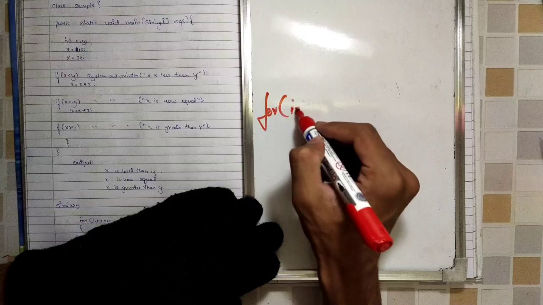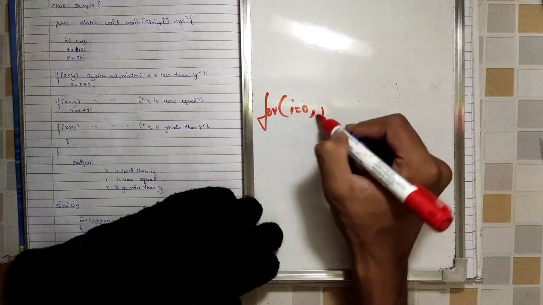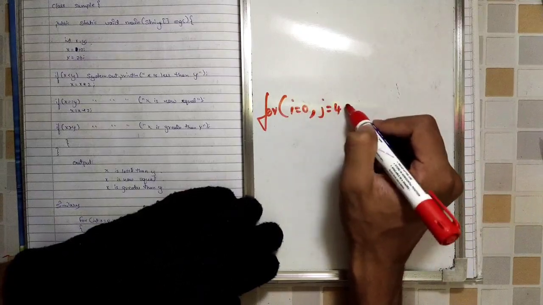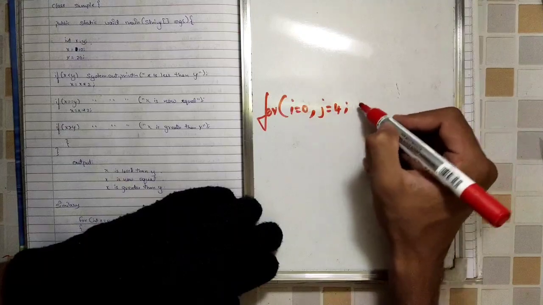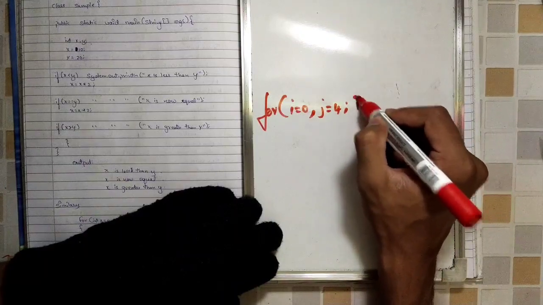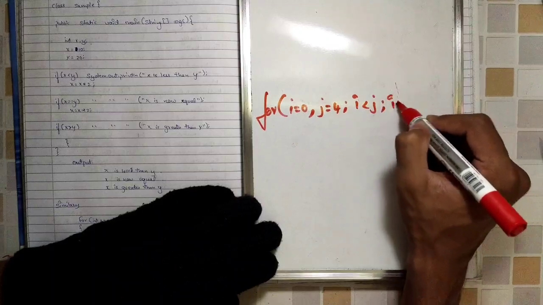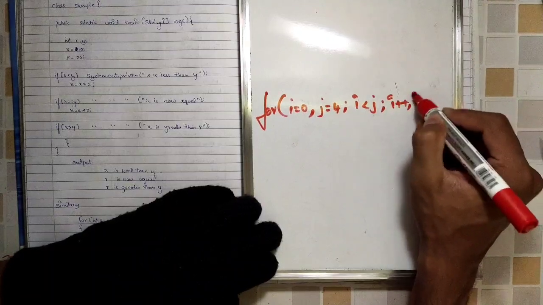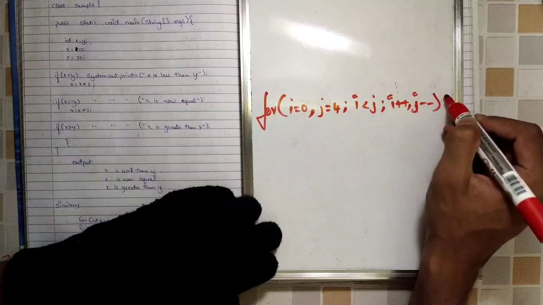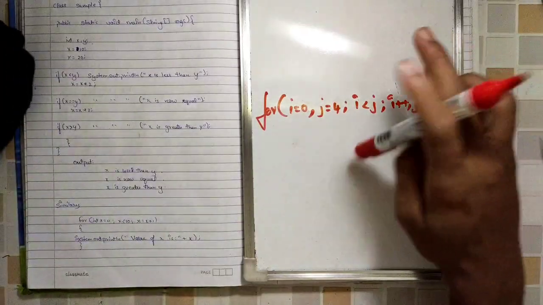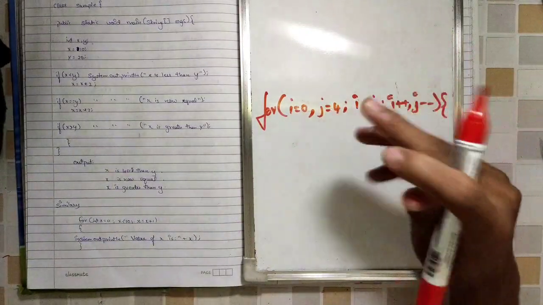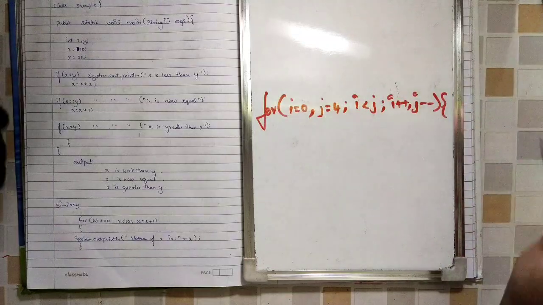For i equals 0, comma, j equals 4, and the condition is i less than j, and here i++, comma, j--. See, with the help of a comma I have done two initializations and two iterations.